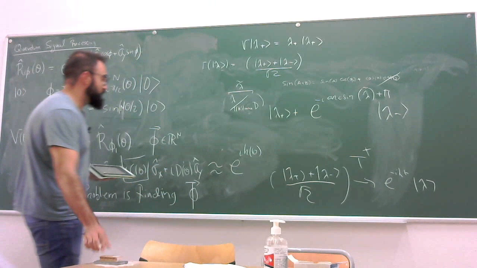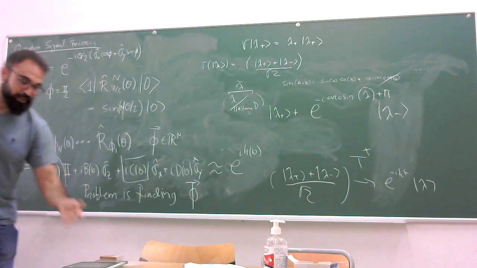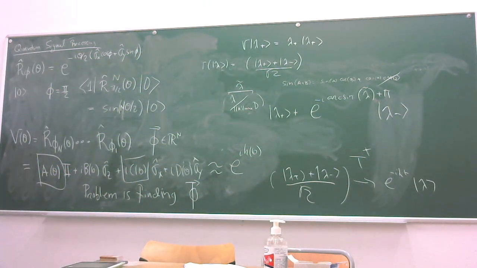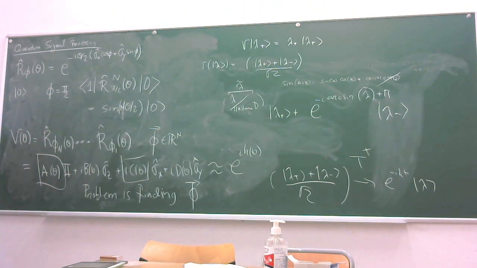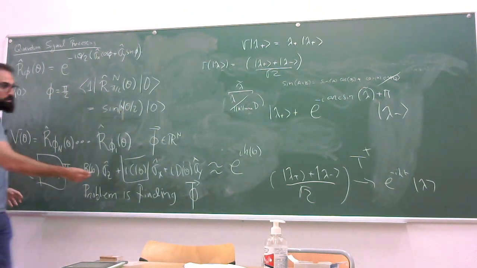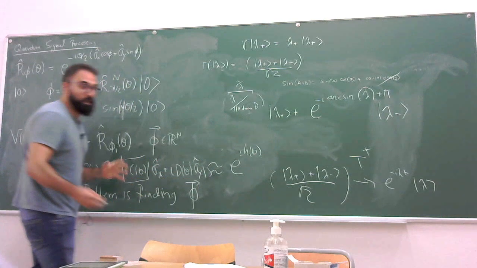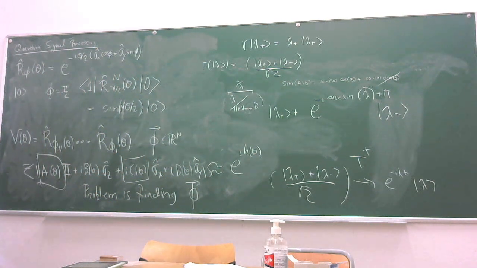The thing is that it's more complicated because I need to implement this transformation, this set of rotations, and then I need to pick an initial state and a state to project. So when I pick all of this and project the ancilla, I'm going to get that transformation into the amplitude of the remaining state.